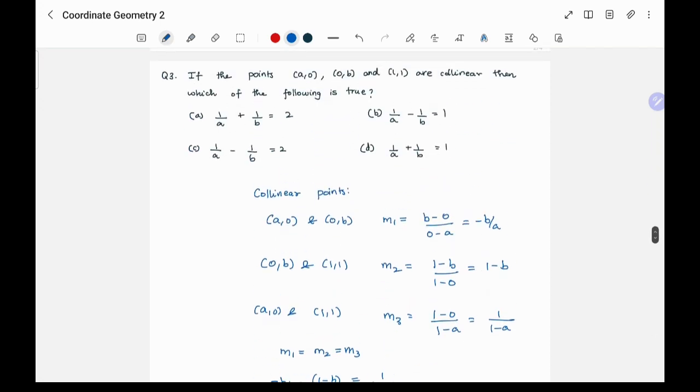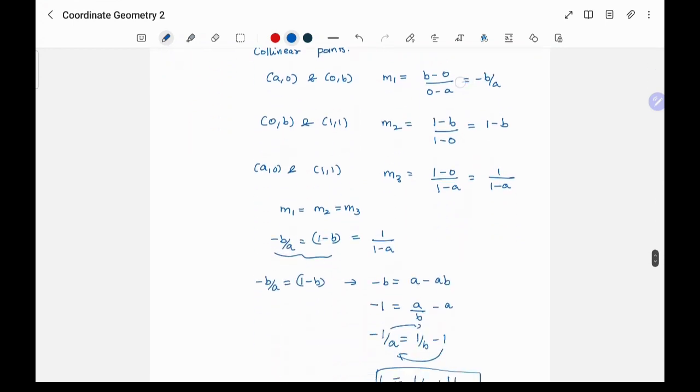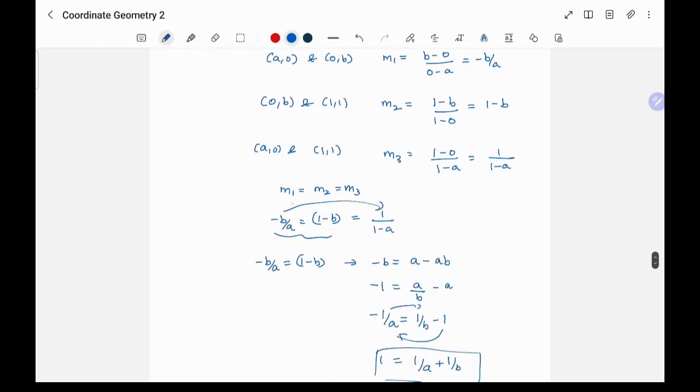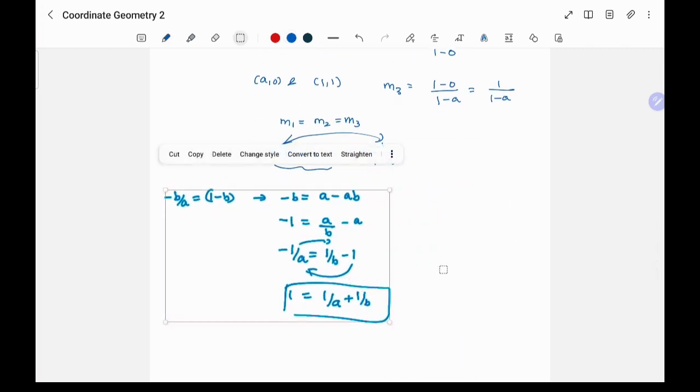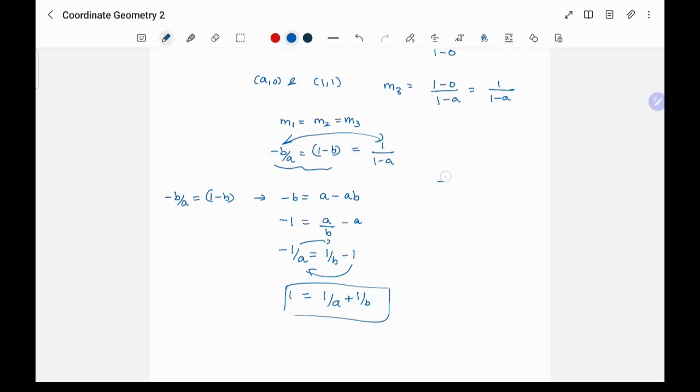So do we have this? Yes, we have this. Even if you equate these both, you will arrive at the same thing. So let's again try that as well. So we have minus b by a is equal to 1 minus 1 by a, right? So you bring 1 minus a this side and b that side.